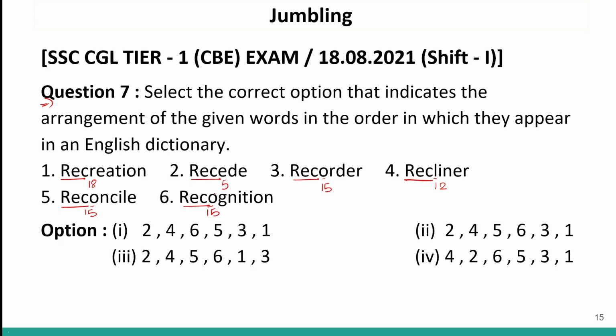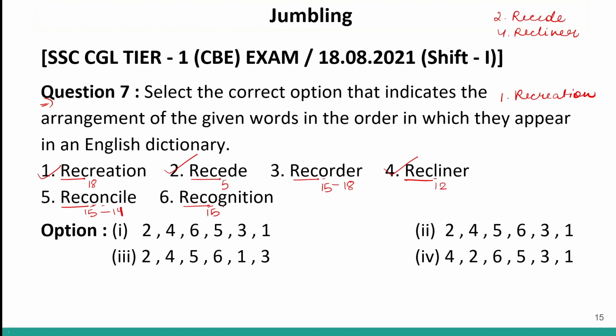So I know for a fact that the first word will be recede. Correct? And after that we'll get recliner. And the last one will be recreation. So this will be last. Now I have to check between recorder, reconcile and recognition. So over here after O we have R. R is 18. Over here after O we have N. N is 14.